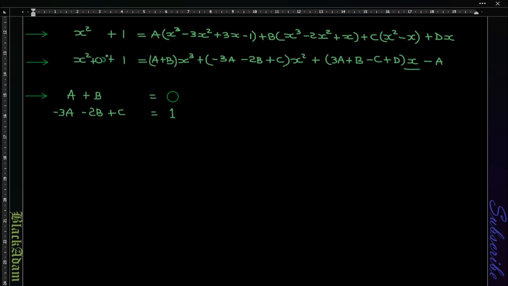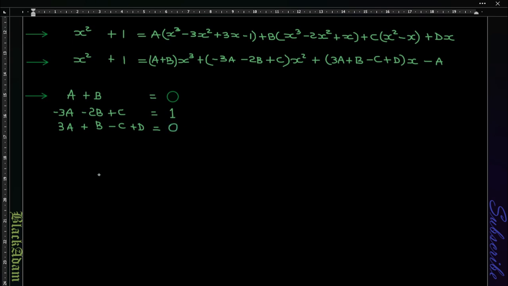And then coming to x there, we don't have any, so it's 0x, so we know 3a plus b minus c plus d will give us 0.